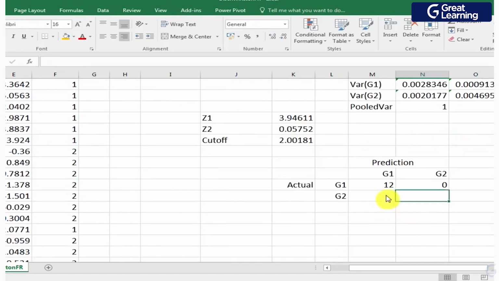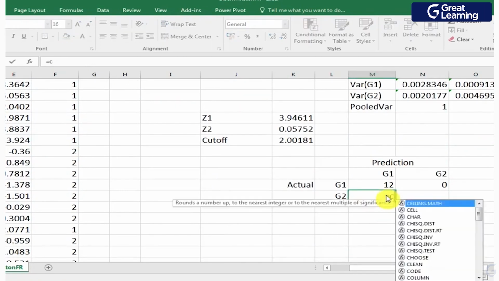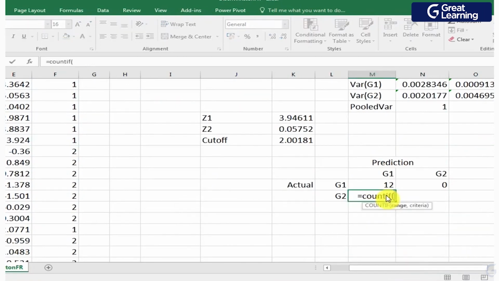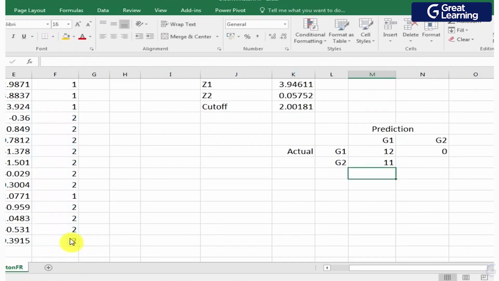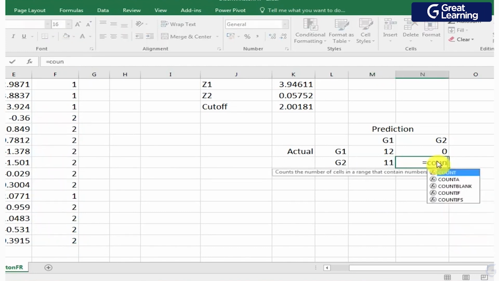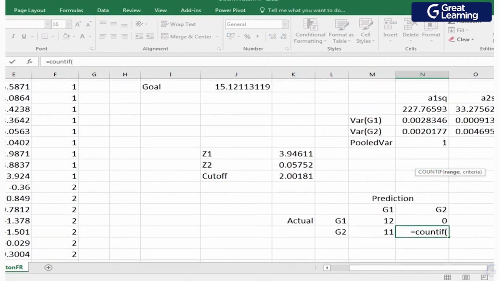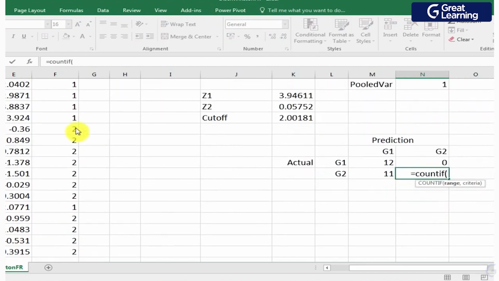Now group 2 similarly is equal to COUNTIF, it starts from here, comma 2. Now is equal to COUNTIF, comma 1.